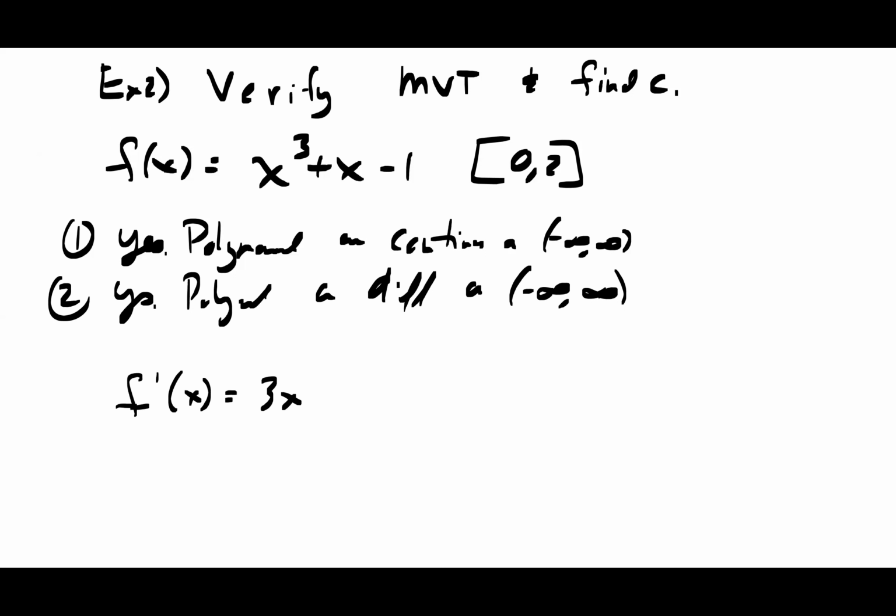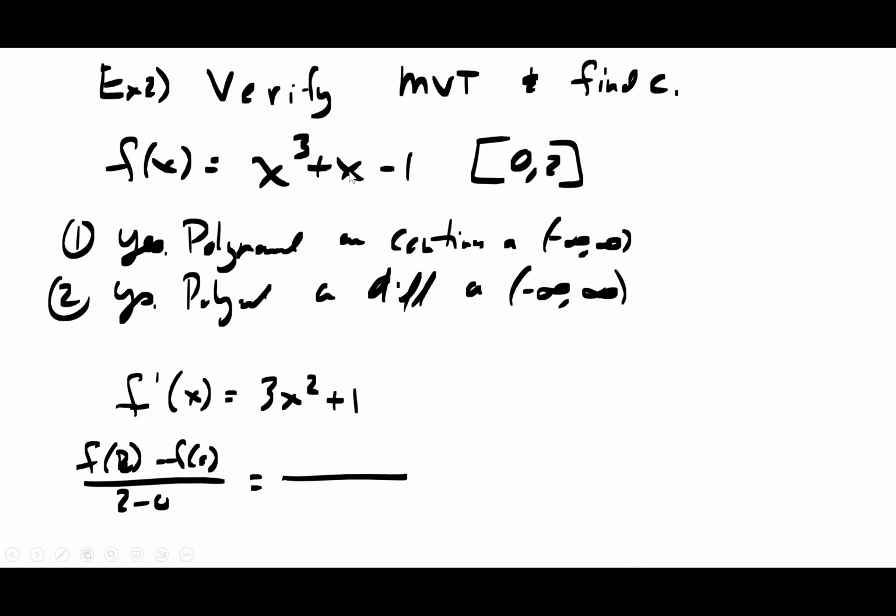Okay, so then let's find the derivative. The derivative is 3x squared plus 1. And let's find the slope between the 2 points here. If you plug a 2 into the function, that's f of 2 minus f of 0, over 2 minus 0.